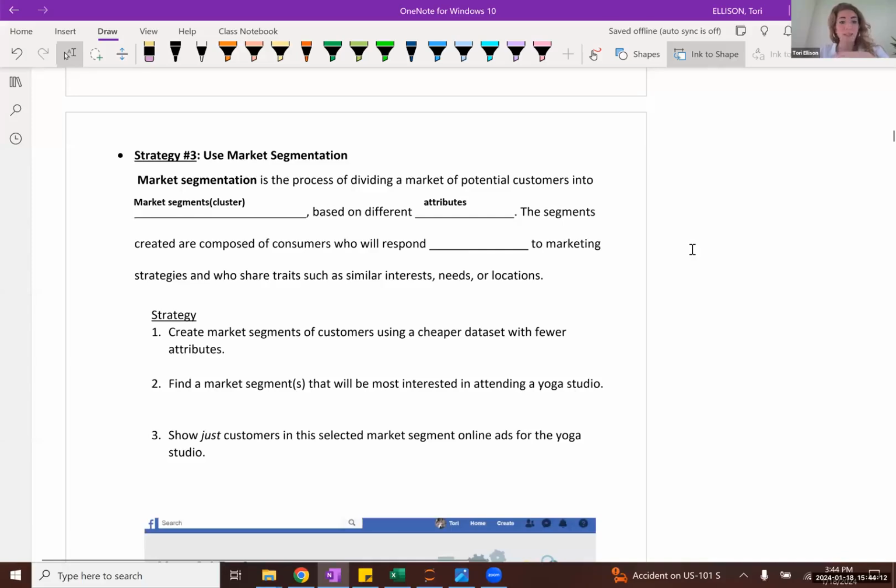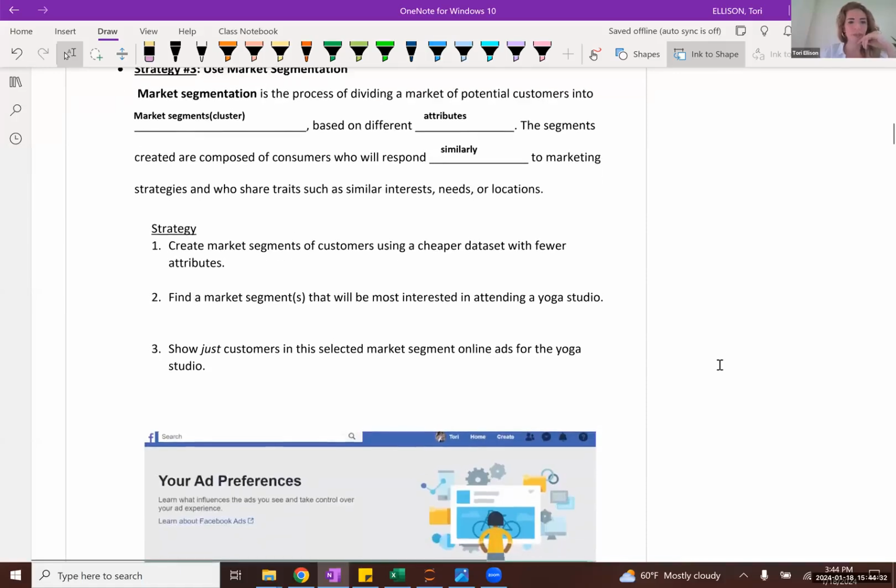These segments or clusters are, in theory, composed of consumers who will respond similarly to marketing strategies, and perhaps also share similar interests, needs, and locations.